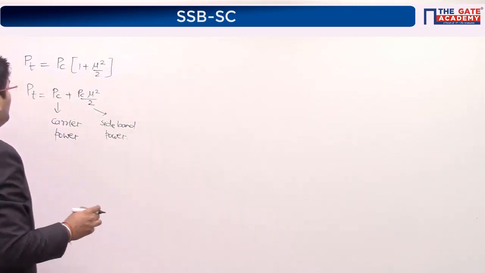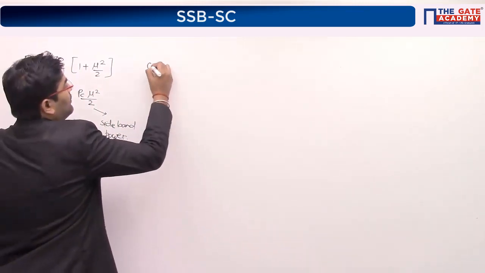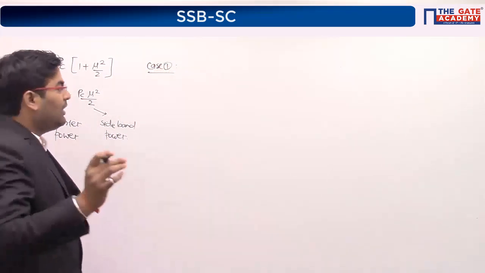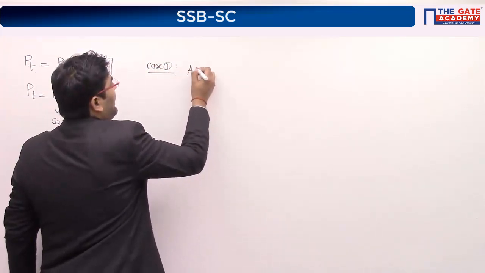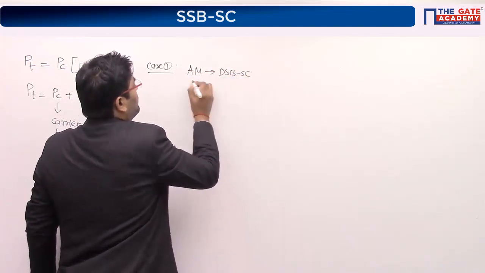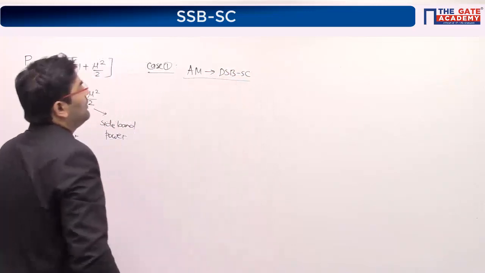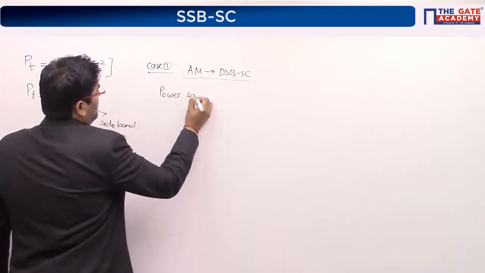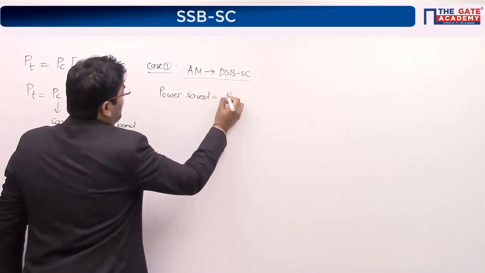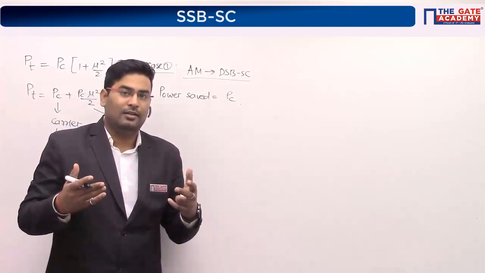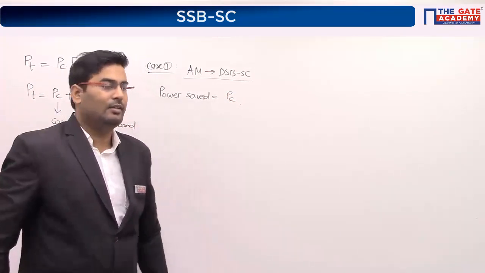Now, case 1. After that example we are good to go. When you are replacing AM with DSB, how much power do you save? You save the whole power which is in the carrier, PC.